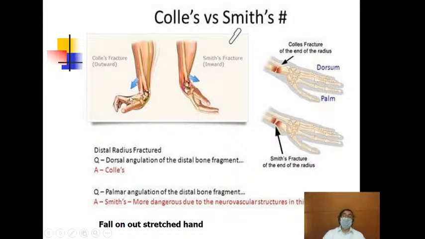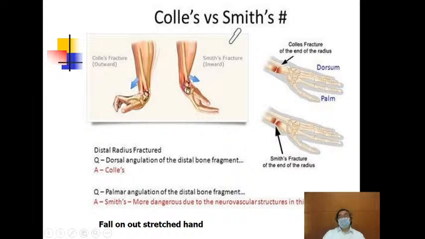Dorsal or outward. You can see the person is falling on the dorsiflexed wrist, outstretched hand, that is the force. Okay, dorsal displacement is Colles fracture. And here, when he is falling on the palmar flexed wrist, you can observe the position of the wrist and the person is falling.